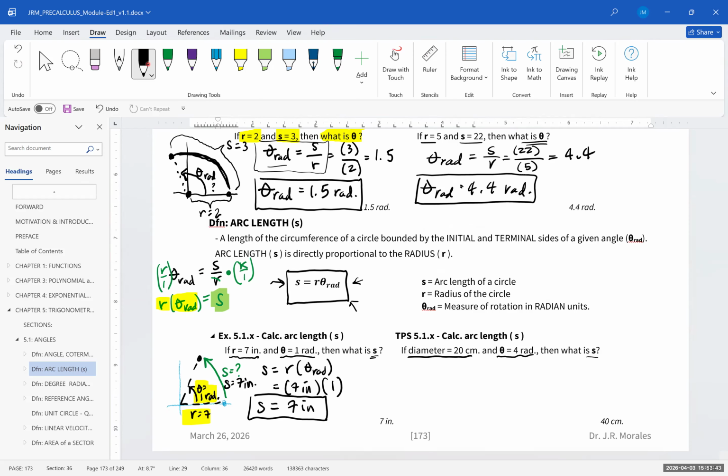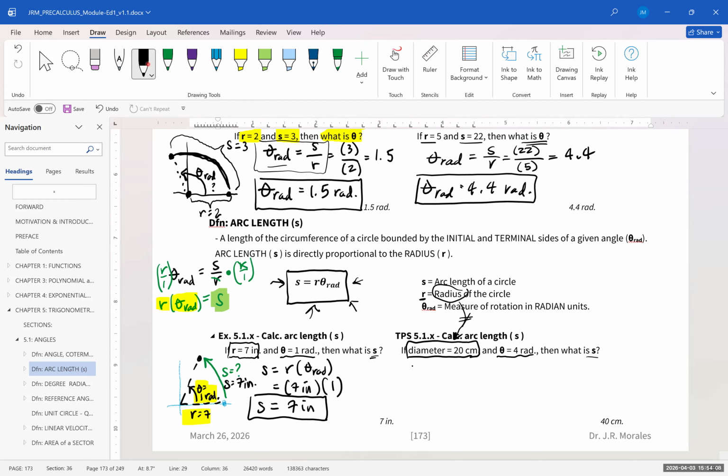This one is throwing a little bit of a curveball at you because before we were given the radius. Now we're being given the diameter. In order to use this equation, r represents the radius, not the diameter.